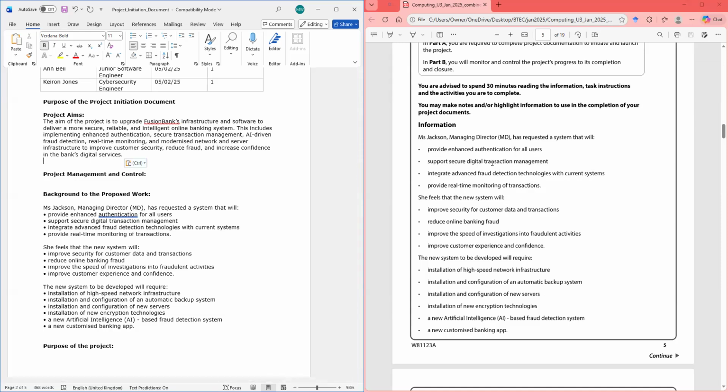All of this here would be the aim of the project. So you could just copy and paste it over. Right. I've written mine because I've gone through and tried to make it look more English. But all of this here would be the aim of the project. That would be your aim.